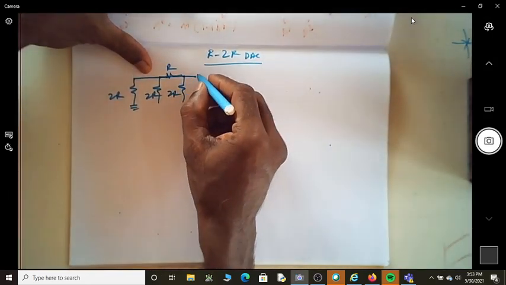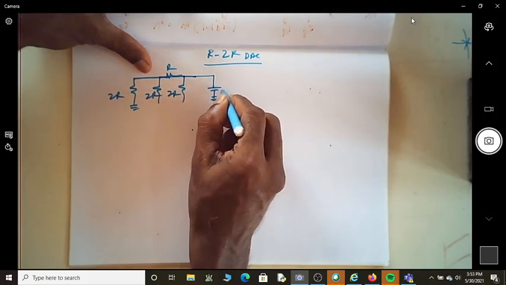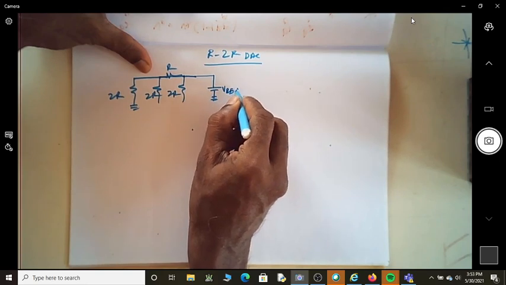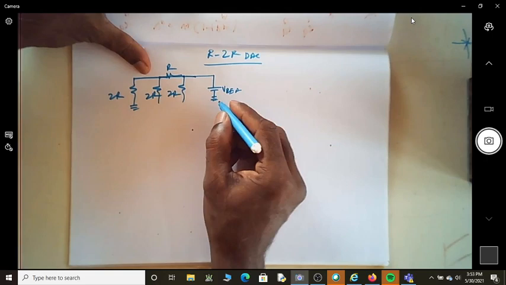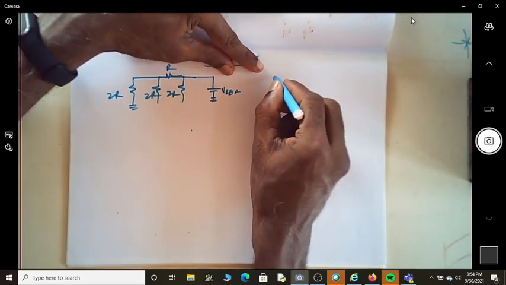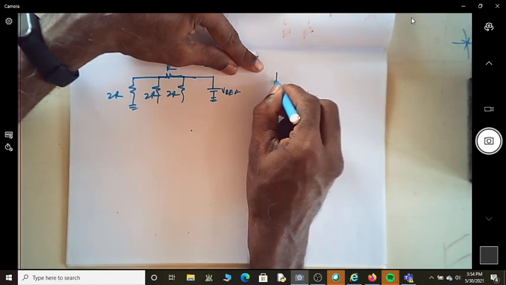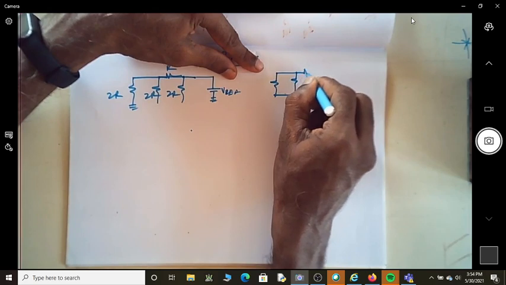Let me have a voltage source, V reference, and, okay, before this we will have a general network, which is something like this here. So this is a very general network.